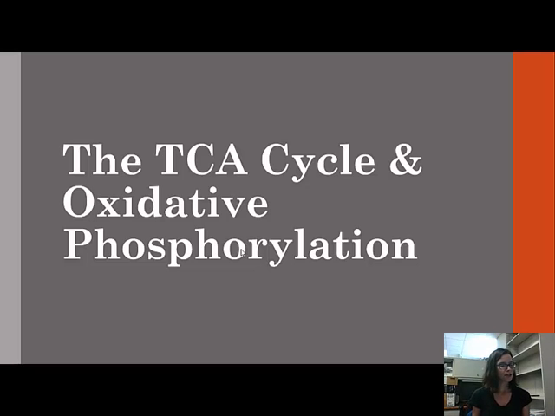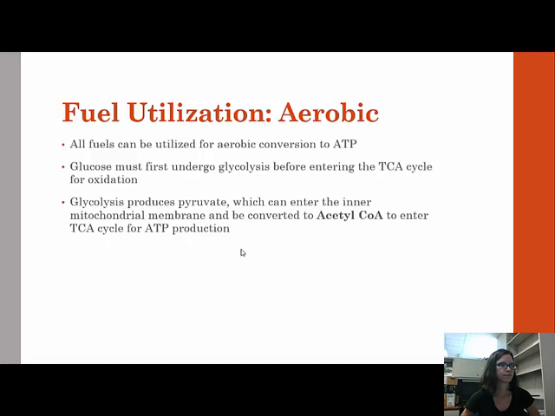Okay, so now on to the major topic of this talk, which is the TCA cycle and oxidative phosphorylation. So all fuels can be used for aerobic conversion to ATP, that is, in the presence of oxygen. So let's take the example of glucose again, because it's just the most common that we think of.